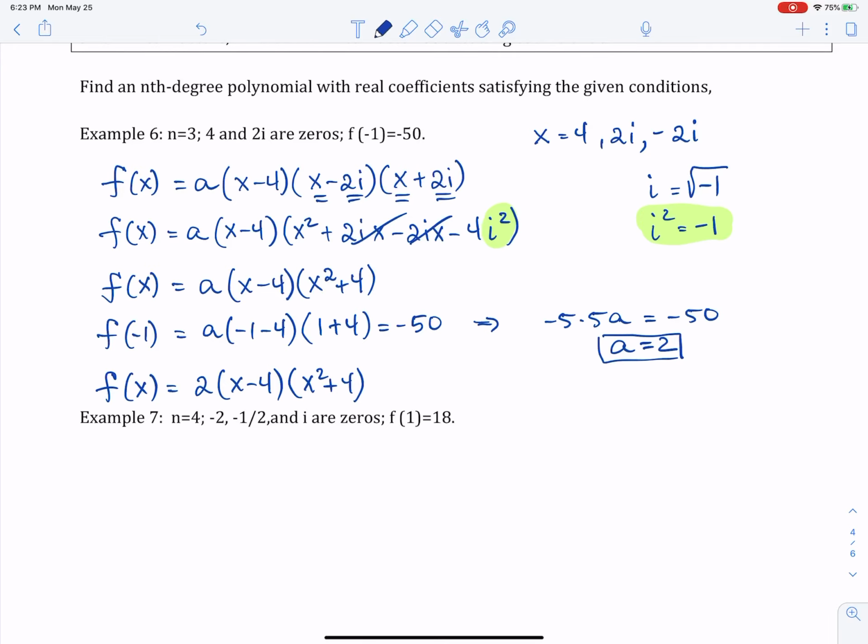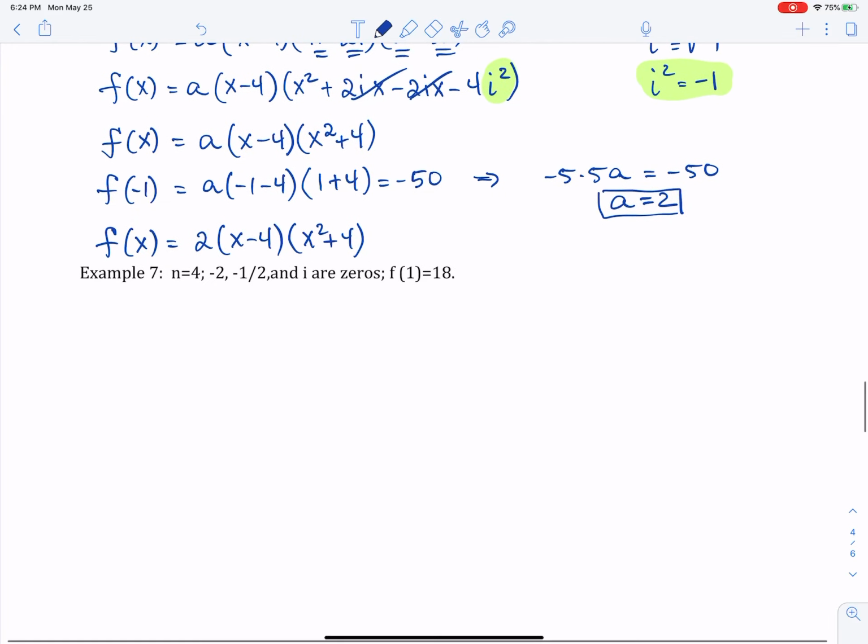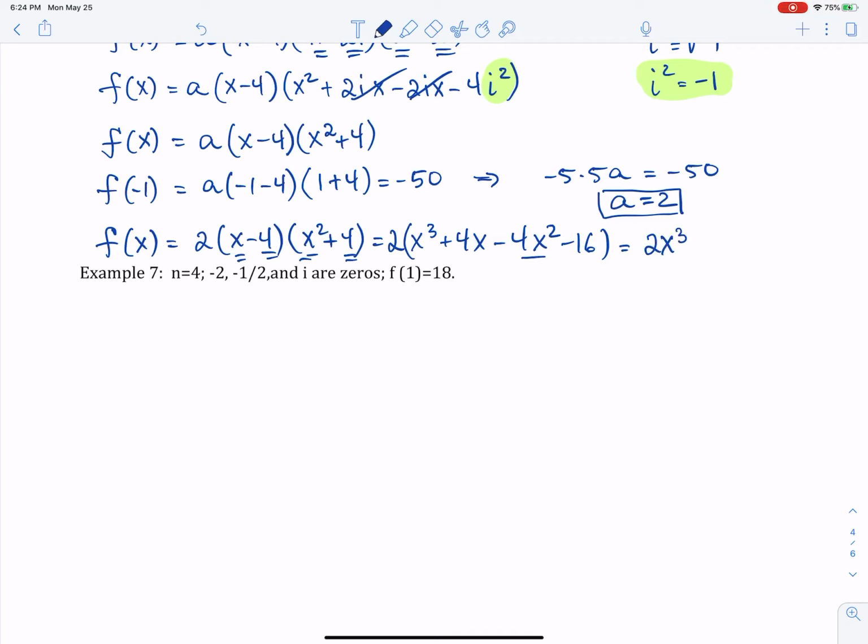We can finish distributing here. x times x squared is x cubed, x times 4 is 4x, negative 4 times x squared is negative 4x squared, and then negative 4 times 4 is negative 16, and I need to multiply by 2. I'm going to put it in descending order because I don't have enough room. 2 times x cubed is 2x cubed, and multiplying negative 4x squared gives negative 8x squared, and then 4x gives plus 8x, minus 32.